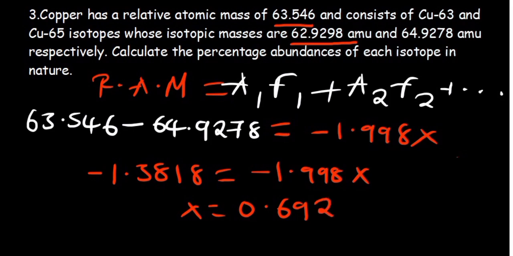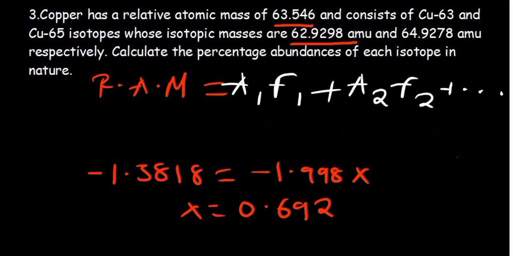So we found the value of x. And if you can remember the formula that we had said for the copper 63, we had attached 62.9298. We had attached an x there.